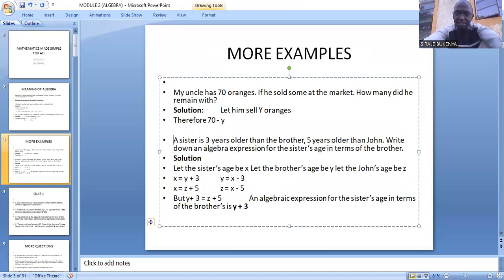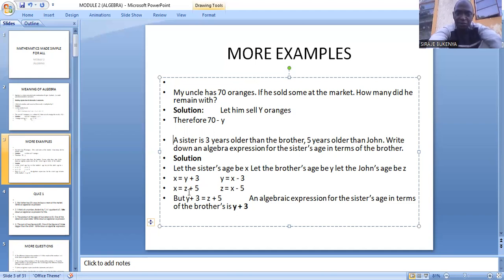The brother is 5 years older than John. Write down an algebraic expression for the sister's age in terms of the brother. Which means you can say let the sister's age be X, let the brother's age be Y. So if you let John's age be Z, then it means X can be Y plus 3, Y can be X minus 3, and then Y can also be Z plus 5.